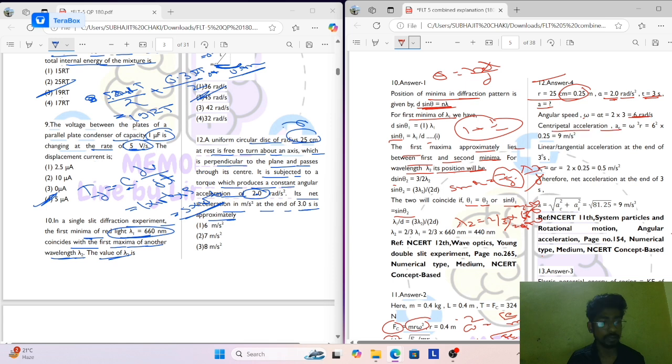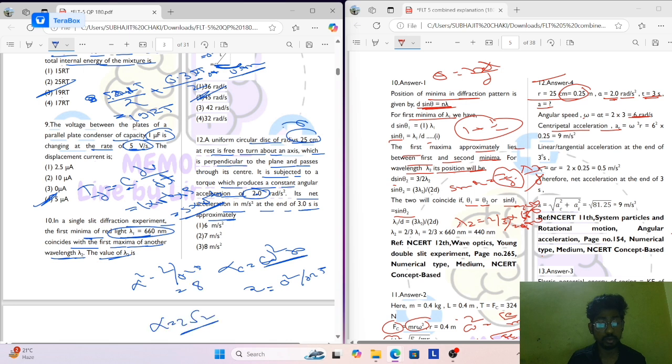Centripetal acceleration you can calculate by the formula omega square r, right? So omega we know. Omega is given as 6.